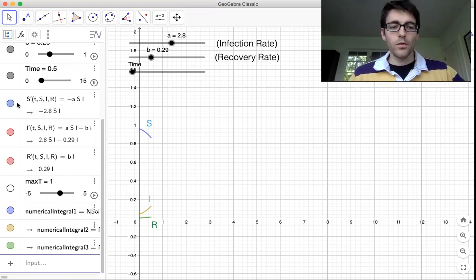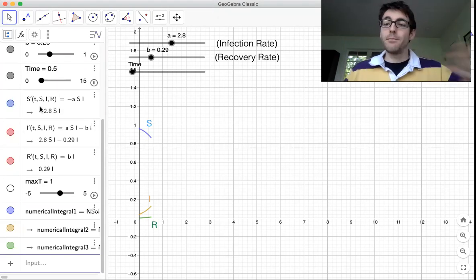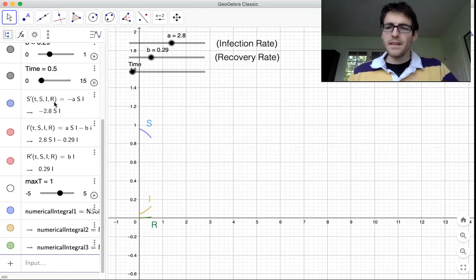Over on the left, I've inputted the differential equations that we talked about in the last video. The rate of change of S, which is a function of time, S, I, and R, is equal to negative A times S times I, the same differential equation from the previous video.